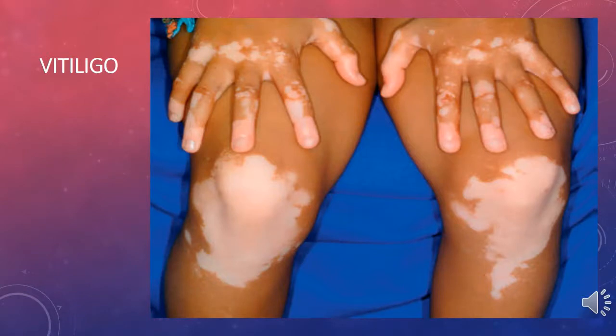Another pigmented lesion is vitiligo. Vitiligo, you surely see these types of cases normally around your vicinity or your area. These are patients having autoimmune destruction of the melanocytes. So obviously, when melanocytes are not there, there are areas of depigmentation in your skin.